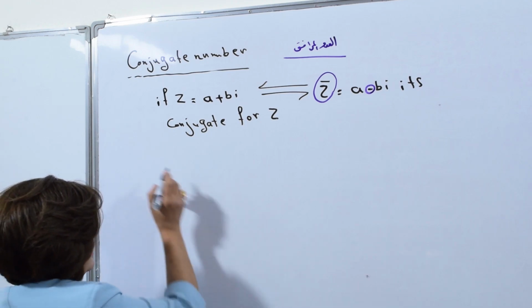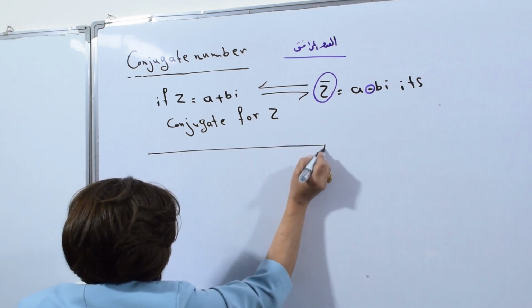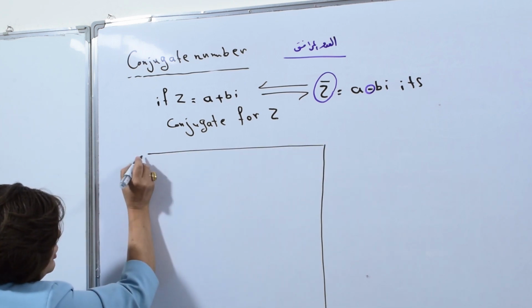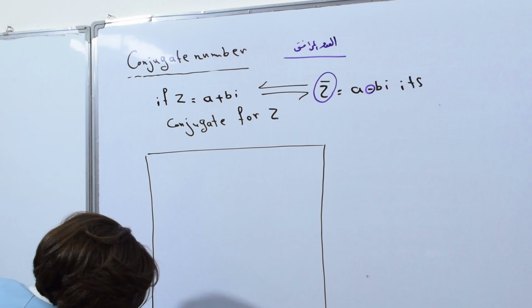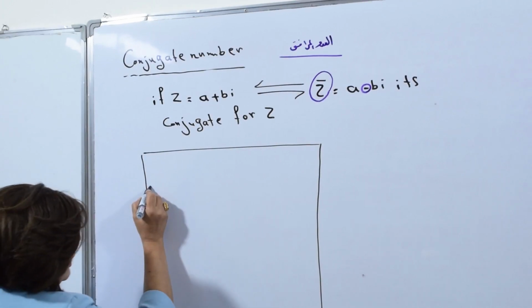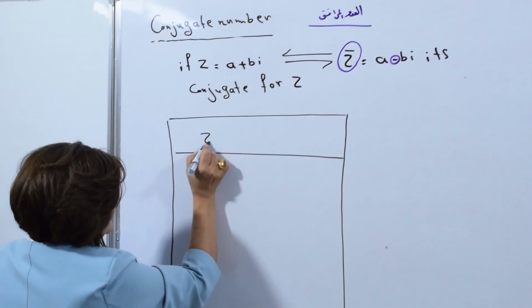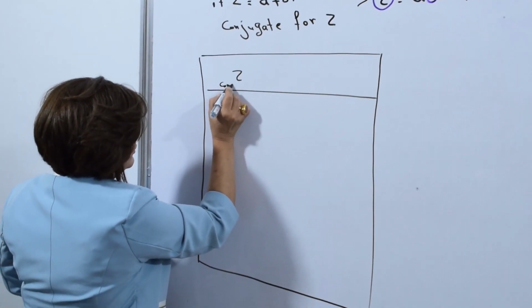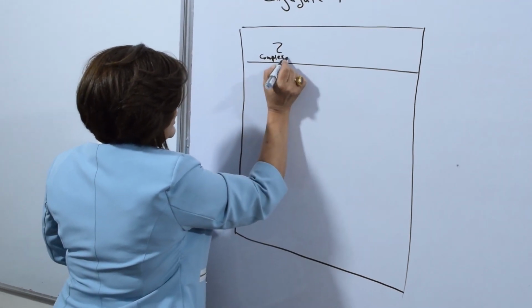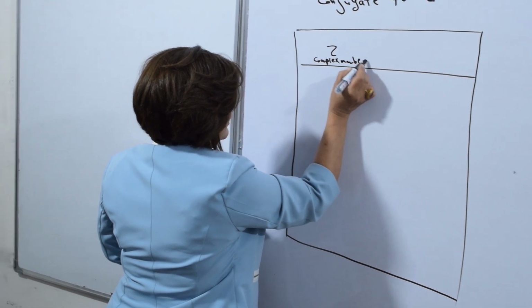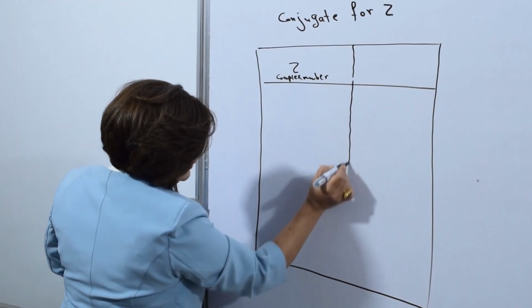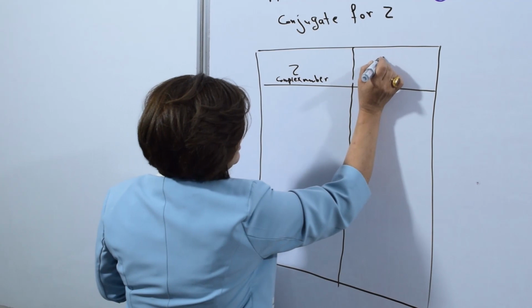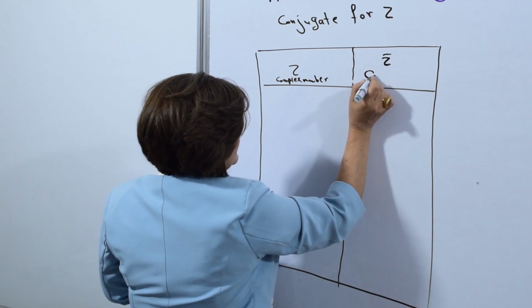If I take this table، إذا أخذت هذا الجدول، listen to me. I say Z complex number عدد مركب. In front of him I take Z bar, conjugate.